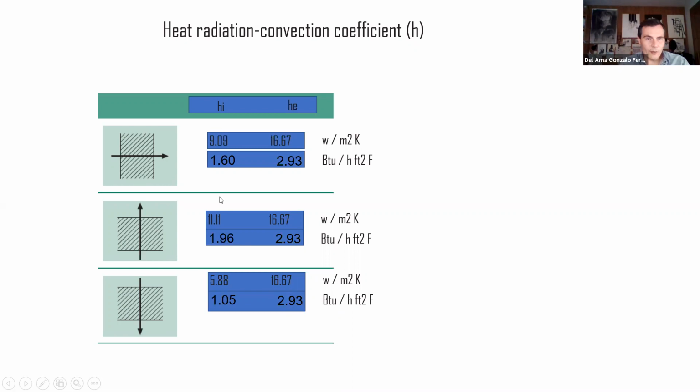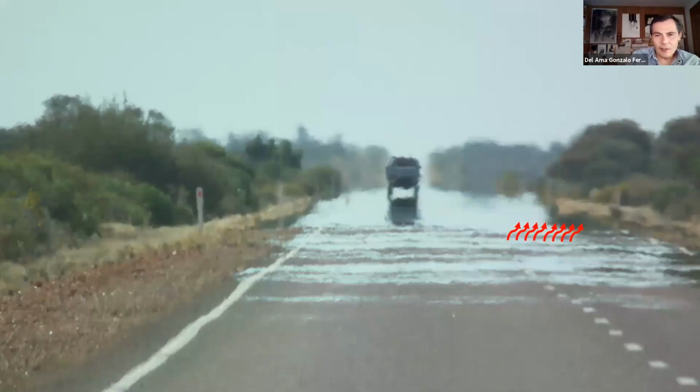But the indoor or interior coefficient changes. This is the wall, this is the roof, and this is the floor. We're going to explain this with an example. But that's the theory. And it's because we have this air moving very close to the solid surface.